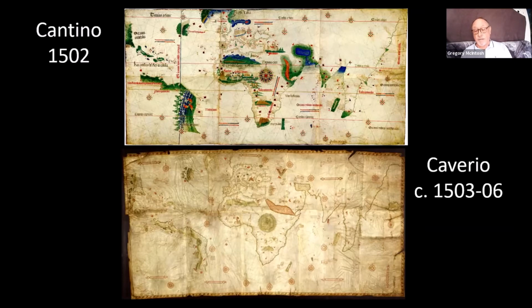Perhaps a more definitive answer will be made in some distant future when the genetic makeup of the animal skins of the Carvalho planisphere is determined. That is, whether the parchments of the planisphere are of Iberian or Italian origin.